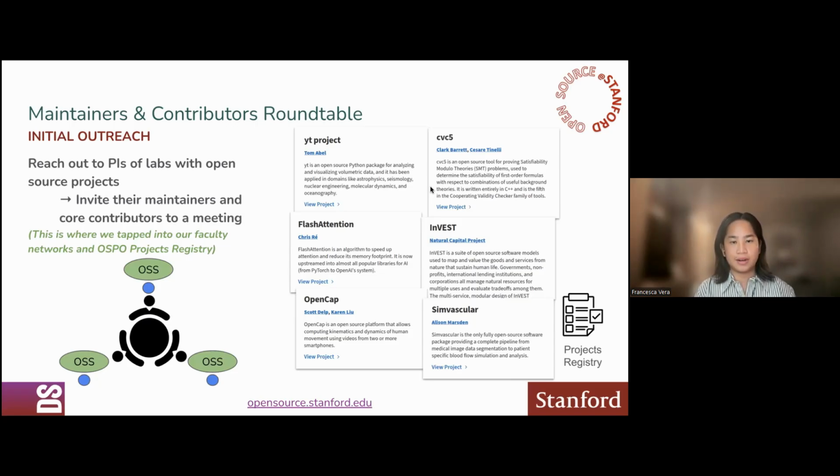So at the start, it was very much looking at PIs of labs and then asking them if they had any interested lab members and then reaching out to these members directly.